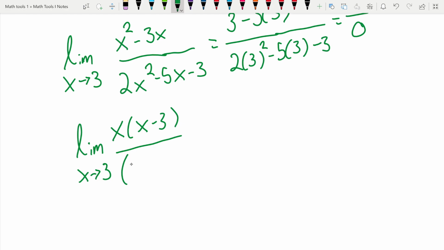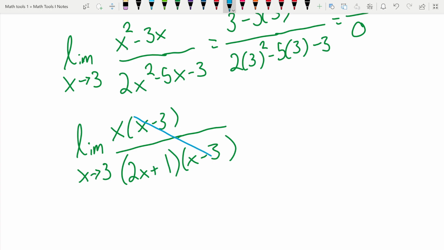On the bottom, this will be a little bit trickier. We have to assume one of these is going to be x minus 3, otherwise what's canceling? So I'm just guessing this right now, but that's going to make this have to be plus 1. And let's see if that works out. So 2 times negative 3 is negative 6, plus 1 is indeed negative 5. So it looks like everything is good here.